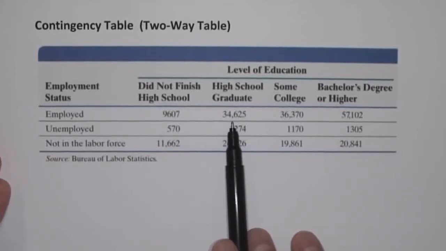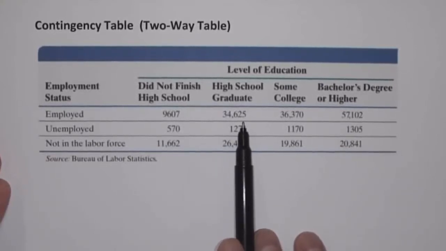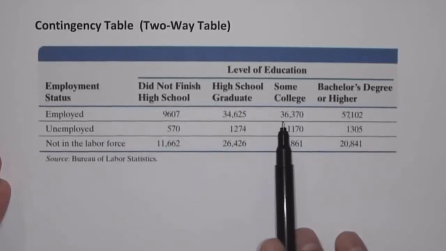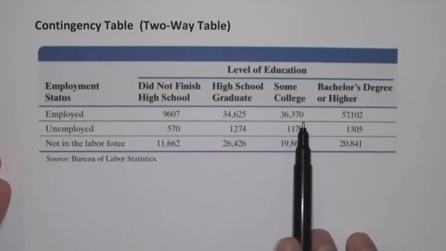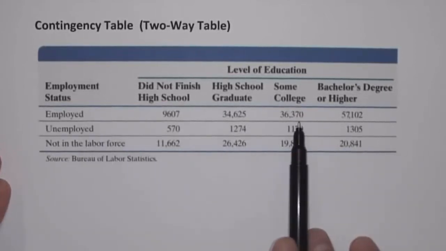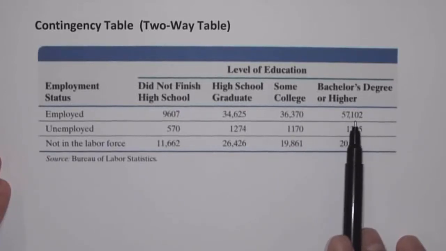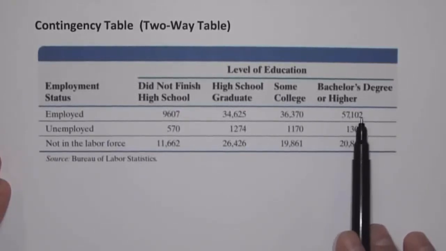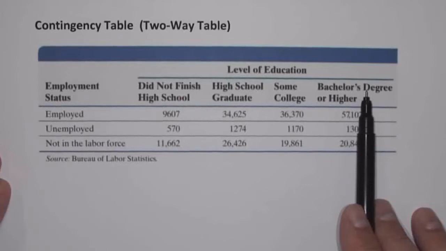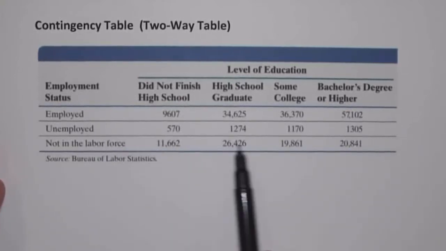There were 34,625,000 individuals who were high school graduates that were employed. 36,370,000 U.S. residents who had some college and were employed. 57,102,000 individuals who had bachelor's degrees or higher and were employed, and so on.